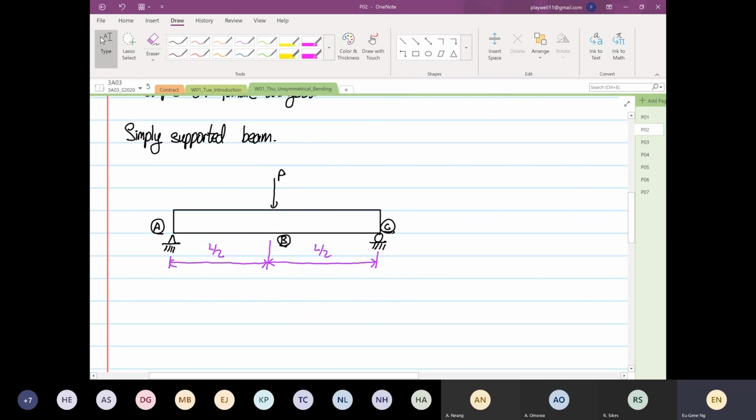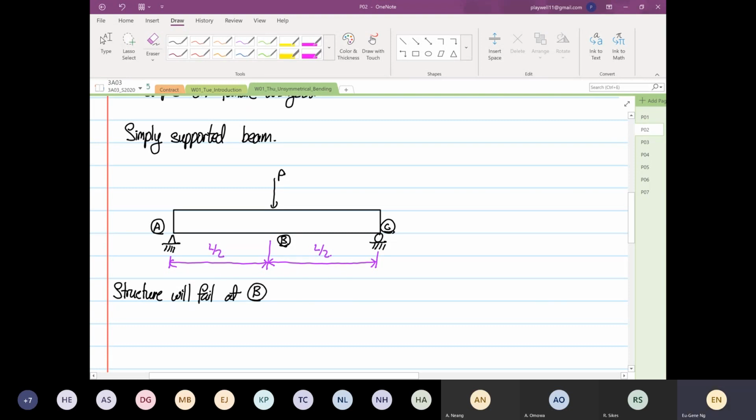So the structure will fail at point B. Now, this is very important.